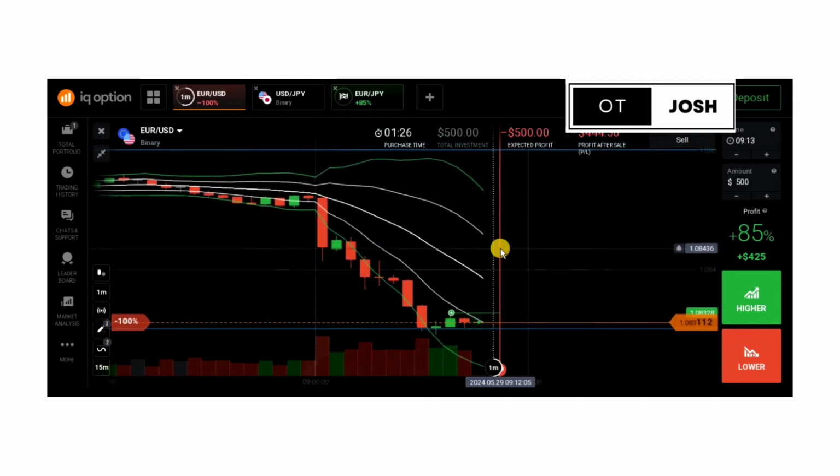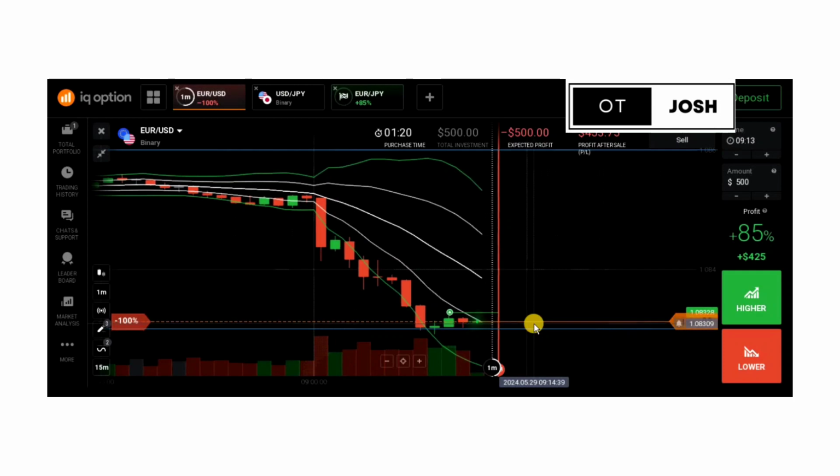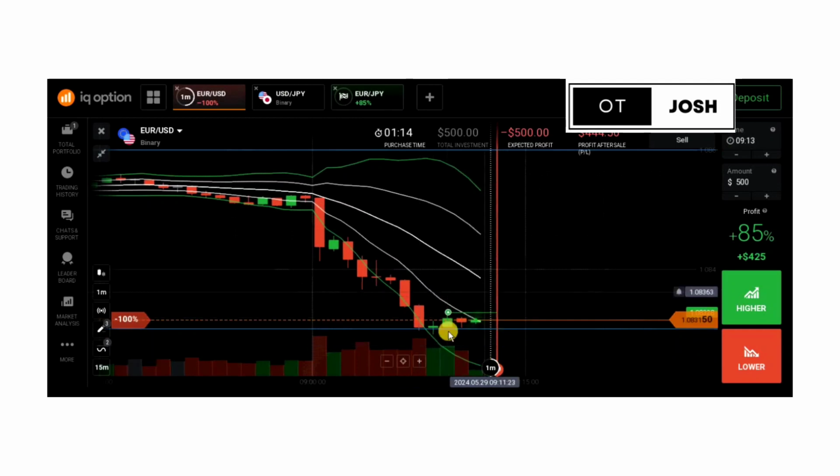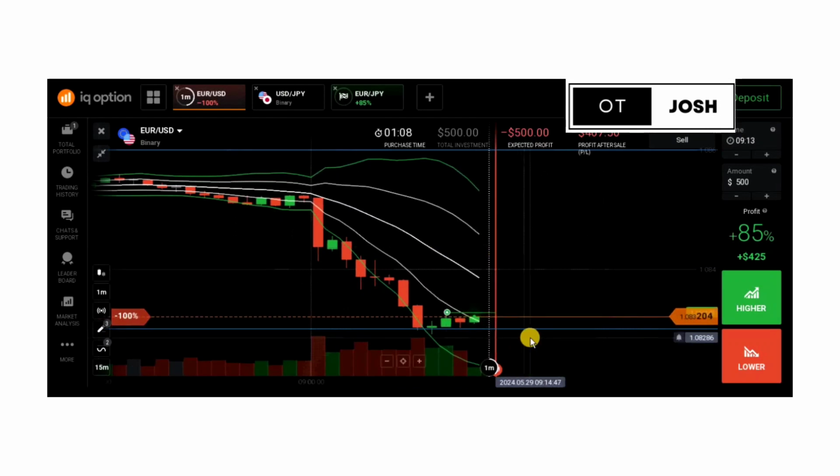So you see, these are confluences that you should take to mind. When you get these things together, you have a higher chance of one thing happening over the other. In this case, you have a higher chance of this market going up than going down. This is essentially what trading is, a game of probability. When you have these things stacked in your favor, you can get what you need.